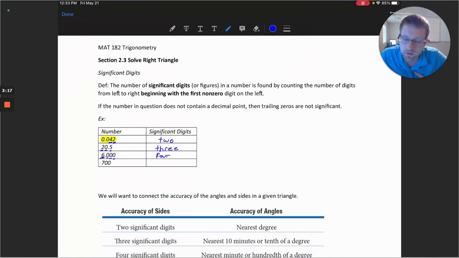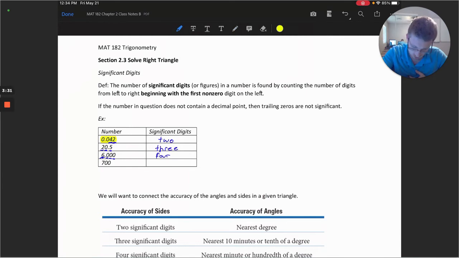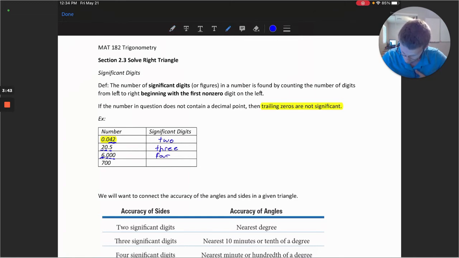Now, this fourth number, 700, this is where we would differ with the zeros. So if the number does not contain the decimal point, then those trailing zeros we know are not significant, part of our definition here. So in this case, 700, this would be really rounded off to the nearest hundred. And so those trailing zeros are not going to be significant.